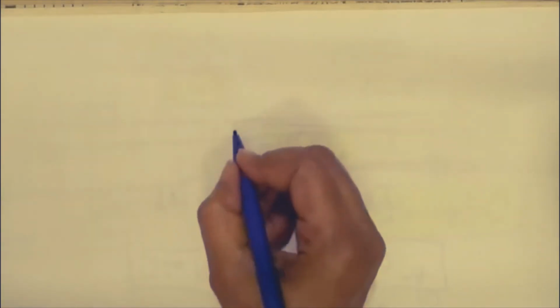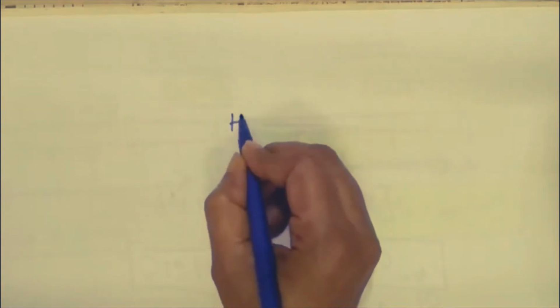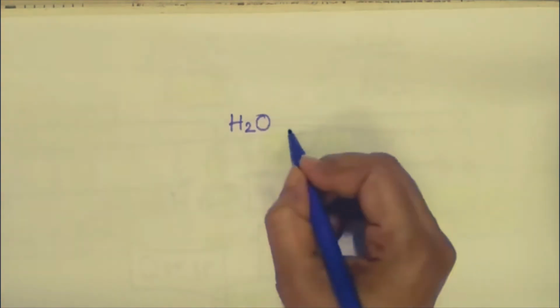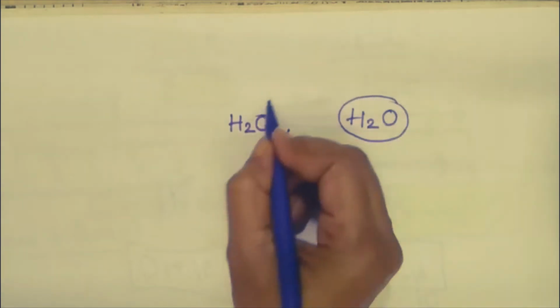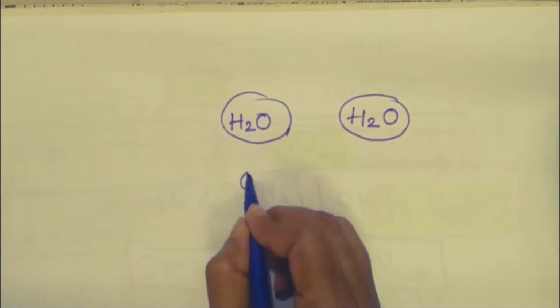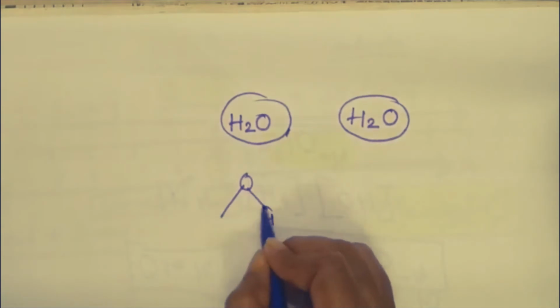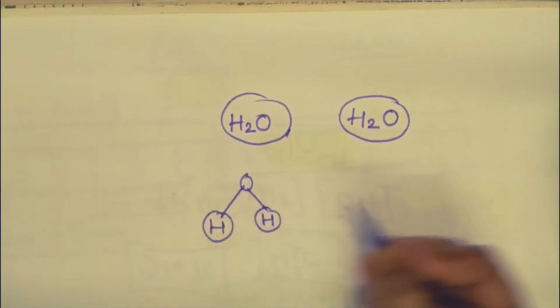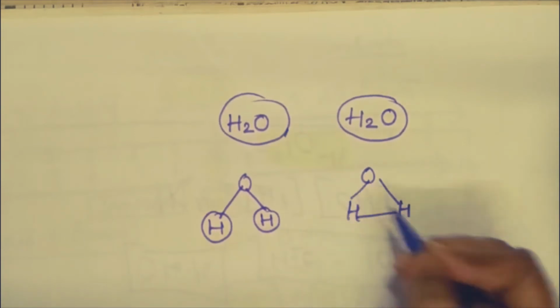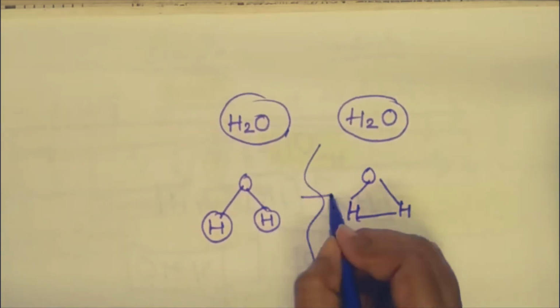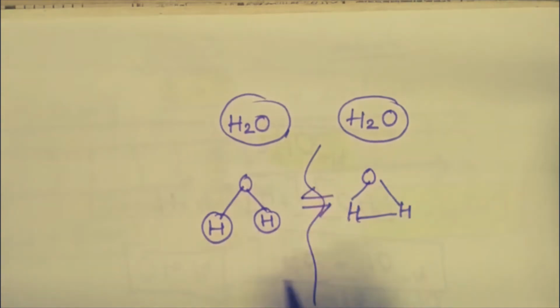Suppose we are all familiar with the molecules of water. It's normally H2O, and there is another molecule of water, H2O, which we can write as 2H and O. There is an interaction.